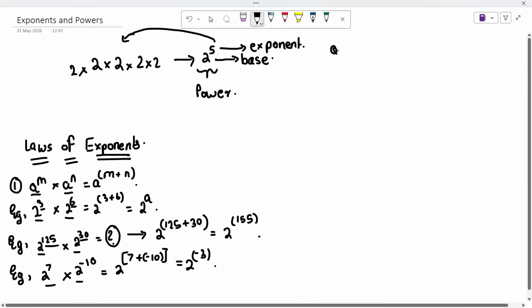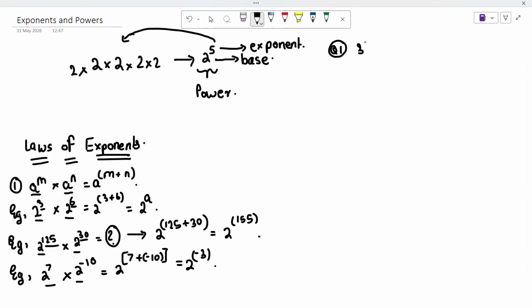So question 1. 3 power minus 5 into 3 power minus 7. So here bases are same, so we can find it easily. 3 power minus 5 into 3 power minus 7 is equal to 3 power minus 5 plus (minus 7).